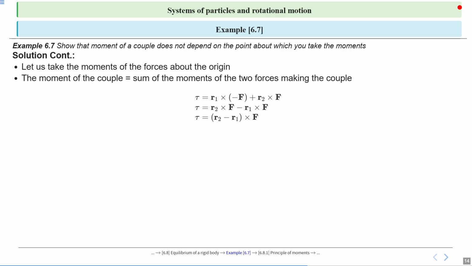Second, R2 cross F, due to capital F. Now solving this equation, you will get tau equal to R2 cross F minus R1 cross F, so (R2 minus R1) cross F, because F is common.